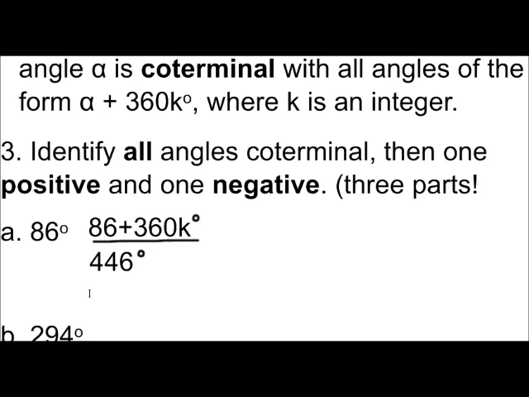To get a negative angle coterminal with 86 degrees, you would subtract 360 degrees, and you would get negative 274 degrees, which is just 86 minus 360. That's it. So 446 degrees, 86 degrees, and negative 274 degrees all end in the same place on a circle. And all angles that are 86 plus or minus some multiple of 360 end in the same place on the circle.